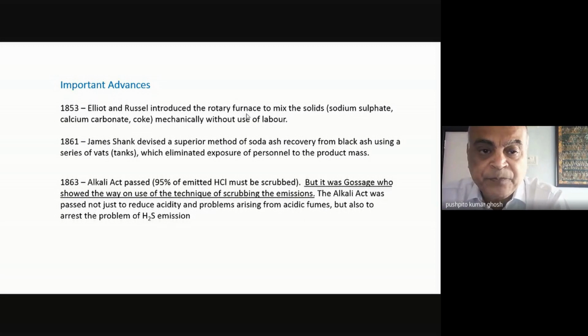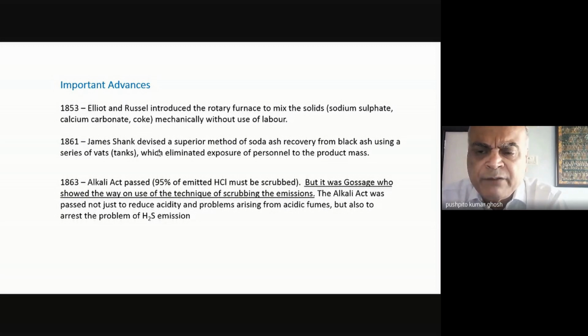That was one. Second, exactly as you have said, managing the sludge. This person, James Shank, developed very nice methods of a series of vats, tanks, to carry out the leaching process, and did it in a way that he did not expose people to this terrible thing.